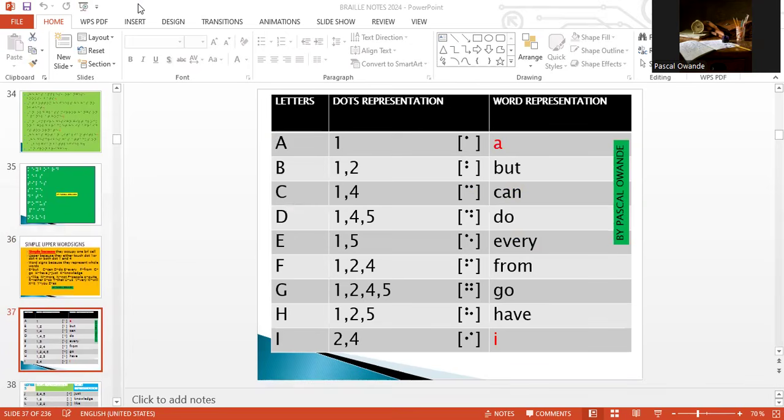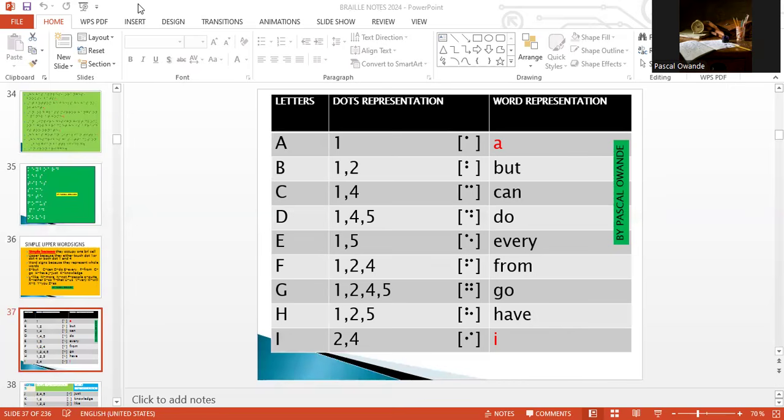Letter B, which is dot 1, dot 2, represents the word but. Then we have letter C, which is dot 1, dot 4, representing the word can.